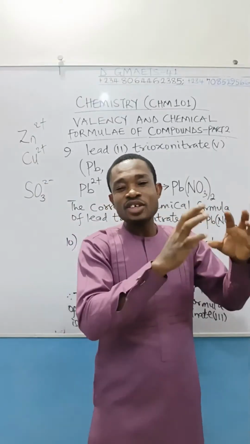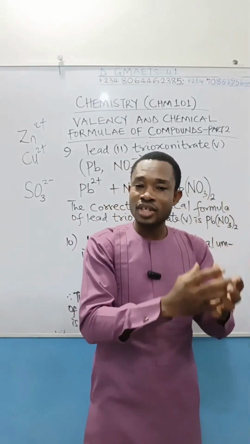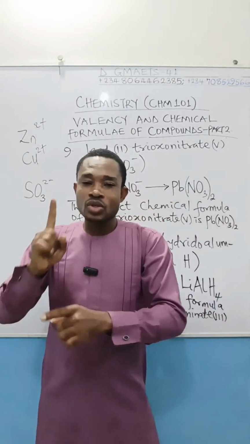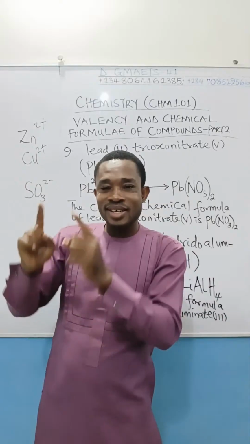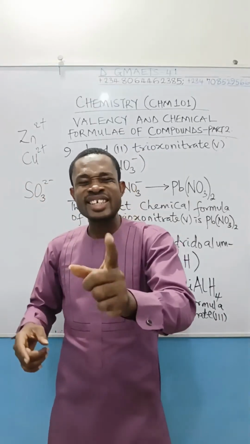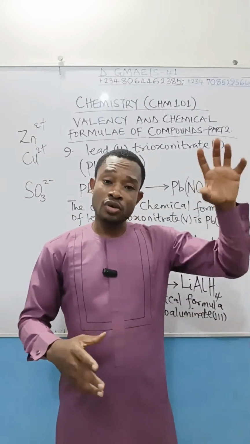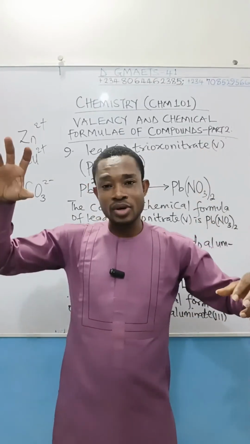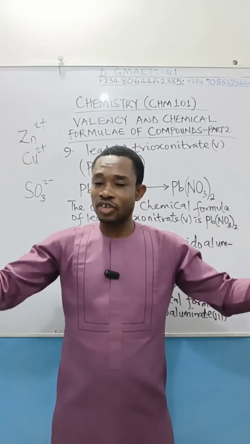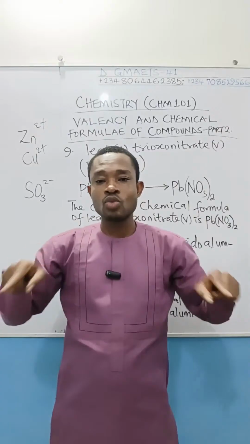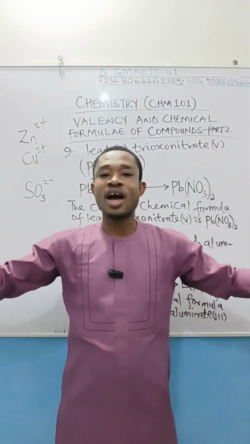That negative one usually is a radical that contains atoms of different elements. The positive one, only one of them contains atoms of different elements, which is the case of ammonium. And we stated that once you know your radical and its valency, and your element and its valency, you just interchange their valencies. The valencies become the atomicity of the respective species.